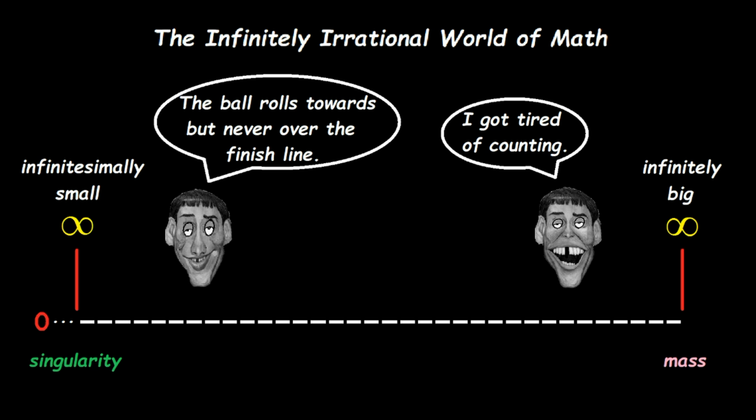And in one case, you have the world of the small, where you go to infinitesimally small, okay? And there you have my left to right infinitesimal sign. And then you have the infinitely big, which is the guy on the right, okay? And they put the singularity really at the infinitesimally small part.